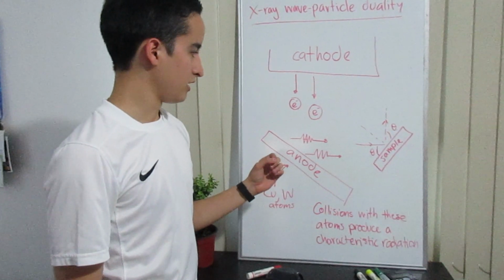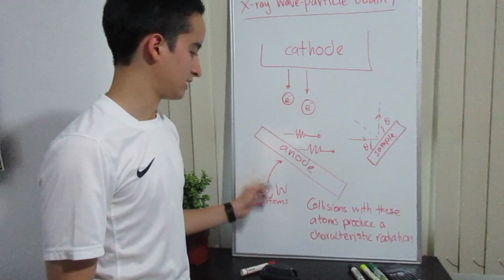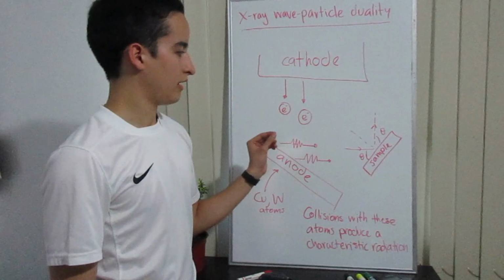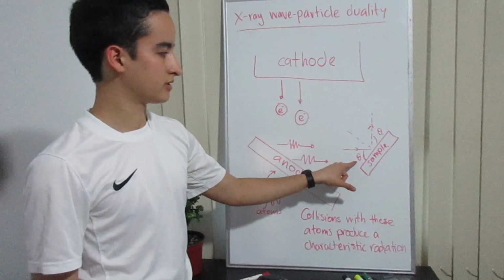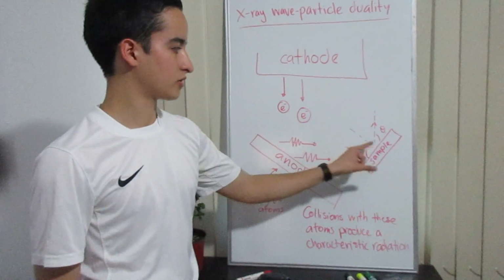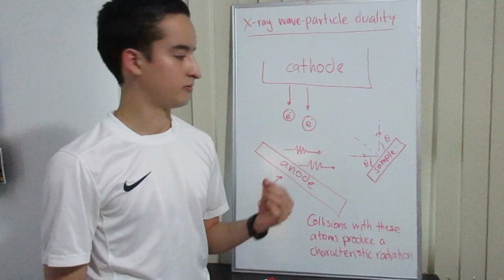And we know the lambdas, which are characteristic of these atoms. So by knowing the lambdas and the striking angle on the sample, we can know the inner structure of crystalline solids with the help of Bragg's law.